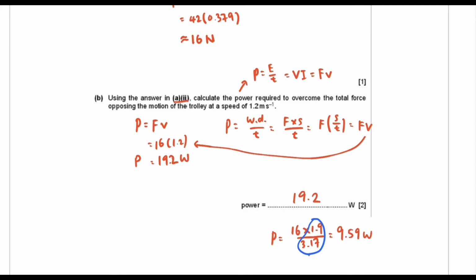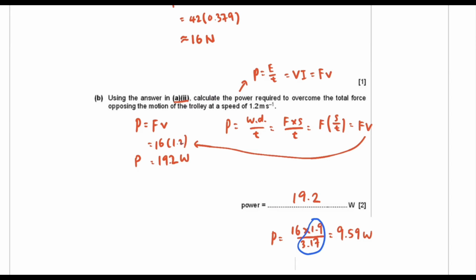But when you take 1.9 divided by 3.17, you don't get the 1.2, you get something else. You get 0.6. This one is 1.2. So what happened is you just get like half of it. Just get half of it.